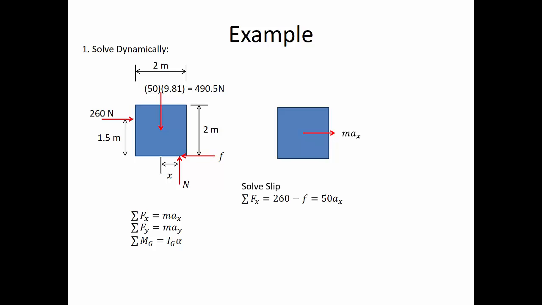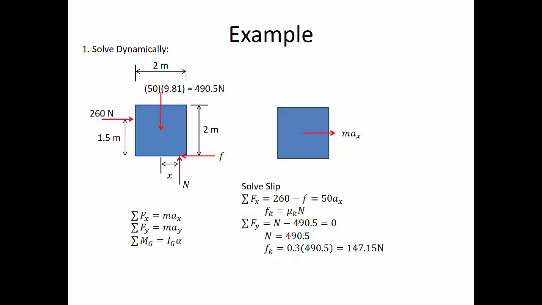We can solve in the slip condition. In this case, sum of the forces in the x direction is 260, our applied force, minus our friction force, will be equal to our mass, 50 kilograms, times the acceleration in the x direction. However, we know exactly what the friction is going to be. It will be equal to our coefficient of kinetic friction times the normal force. Summing the forces in the y direction, we get our normal force minus 490.5 is equal to 0, so our normal force is still equal to 490.5 newtons.